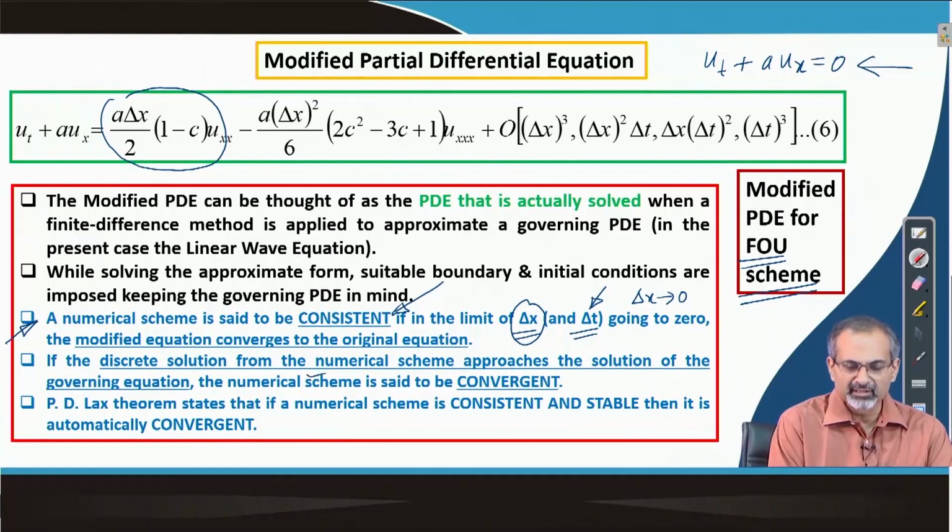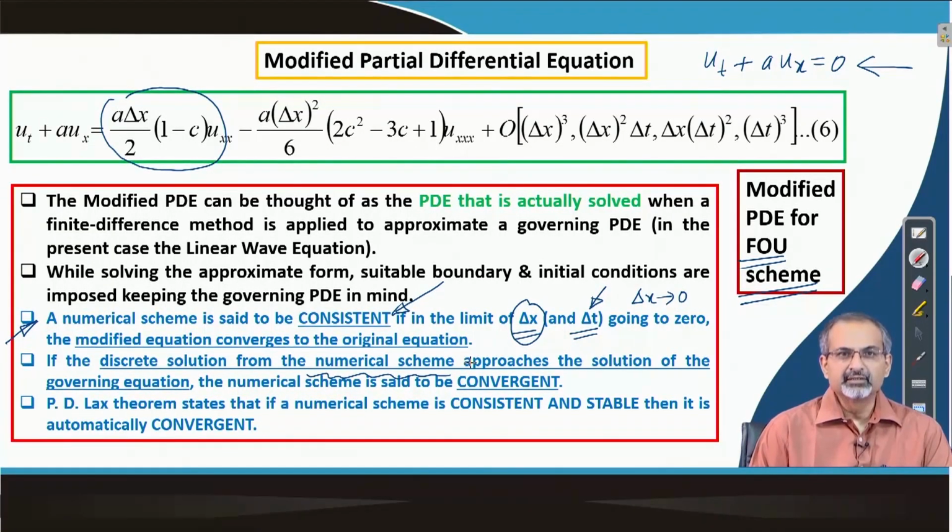Additionally, we have another property: if we are looking at a discrete solution of the original partial differential equation using the numerical scheme that you are proposing, the discrete solution coming from the numerical scheme should approach the solution of the governing partial differential equation itself as this limiting exercise is implemented. This property is in terms of the solution itself.